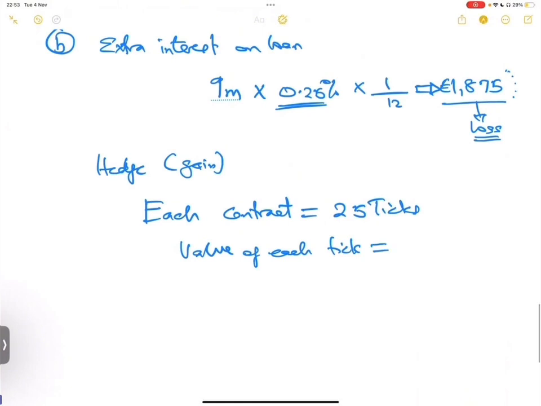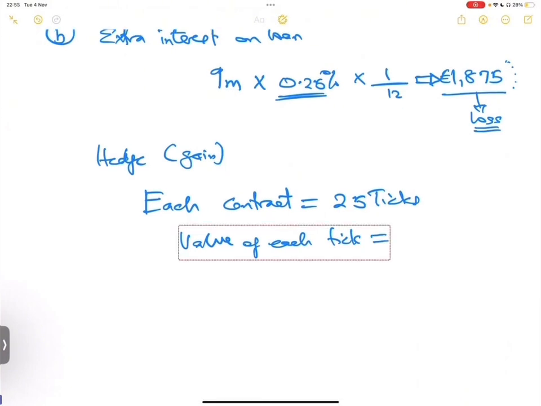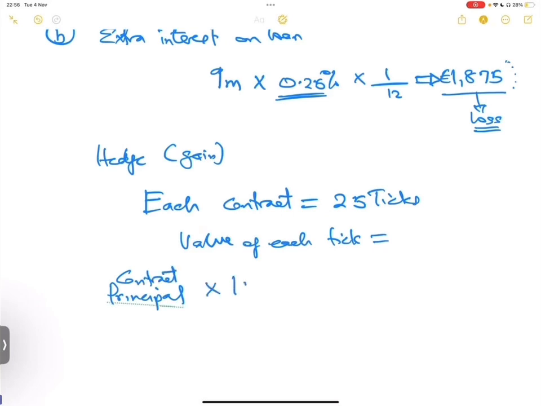Okay, so let's look at it. Remember, we said the value of each tick is always going to be the contract principal multiplied by 1 basis point, then multiplied by the contract tenor, which must be in years.